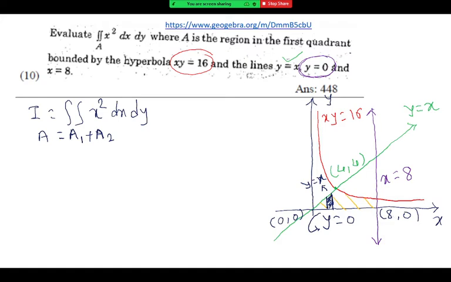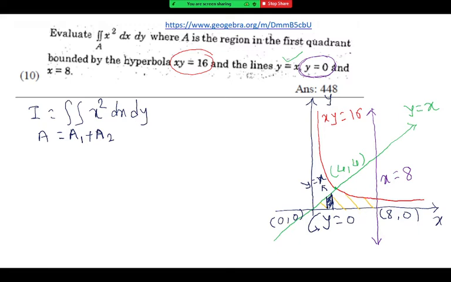Actually we should drag this strip from the minimum value of x to the maximum value of x. When we drag it from minimum to maximum, you will observe the lower end is continuously varying on the same curve, so there is no problem with the lower limit.